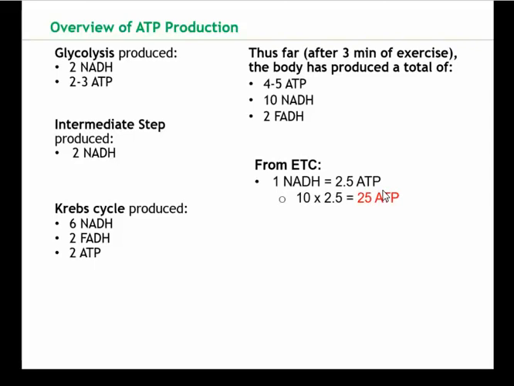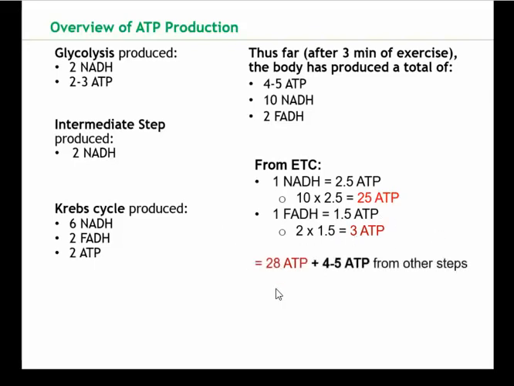So we have 10 NADHs, which we see right there, times 2.5 equals a total of 25 ATP. One FADH2 equals 1.5 ATP, and we see that we had 2 of them. So 2 FADH2 times 1.5 equals 3 ATP. So we have 28 ATP from the electron transport chain alone.